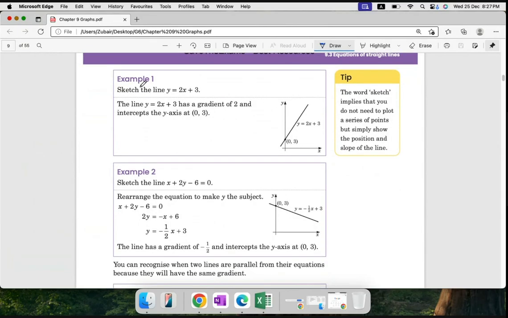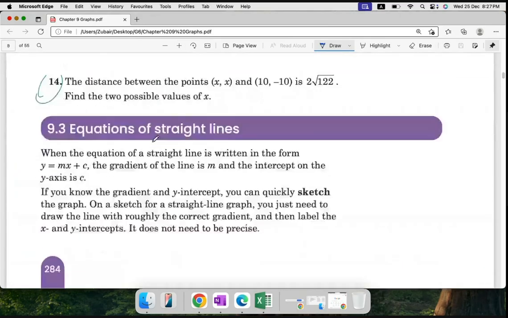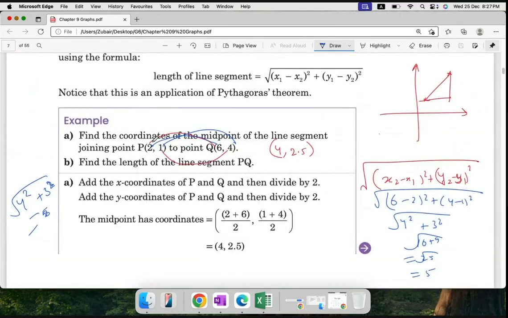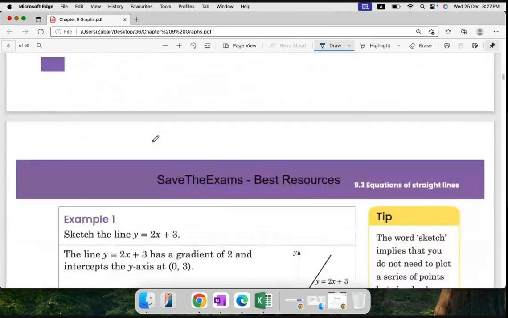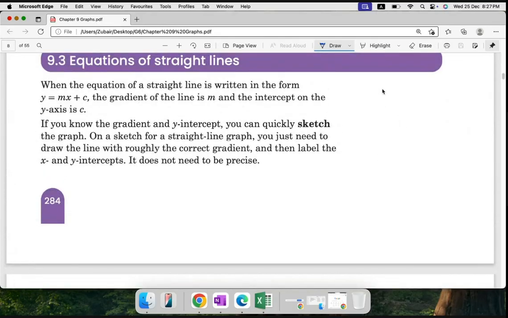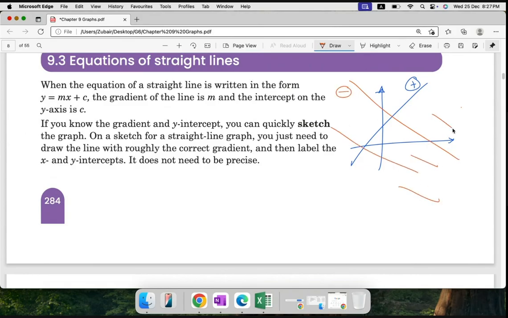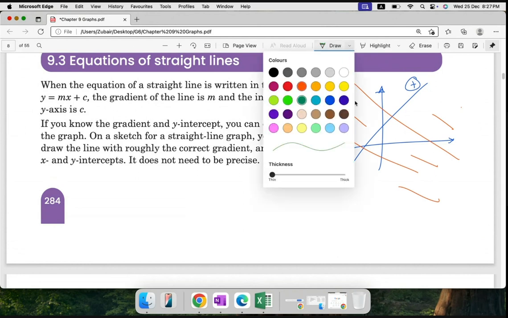It says sketch the line. What we need to know is the previous exercise was on gradient. Positive gradient would look like this. This is positive gradient, and negative gradient would look like this. No matter where the line is placed, in which quadrant, the slope is like this when x is increasing and y is decreasing.